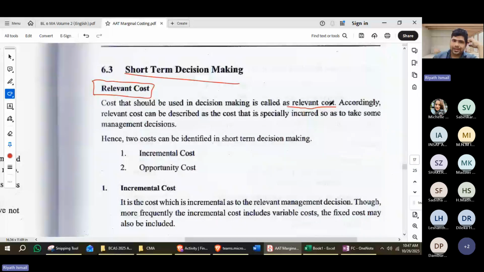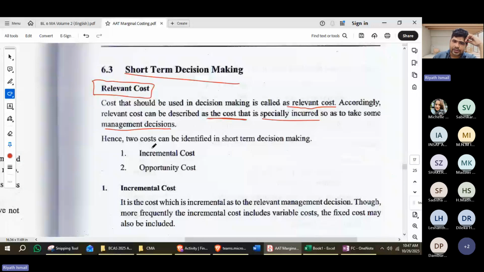Accordingly, relevant cost can be described as the cost that is specifically incurred so as to take some management decisions. We can't take all the costs when we take a decision.